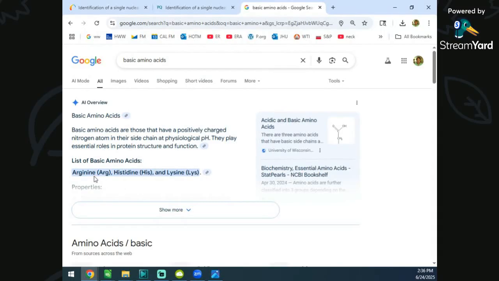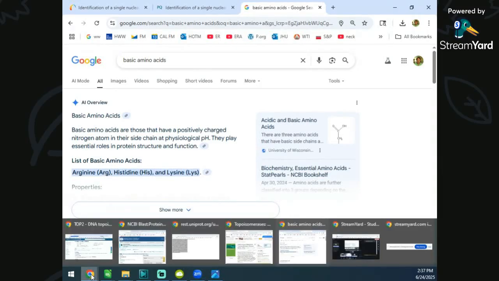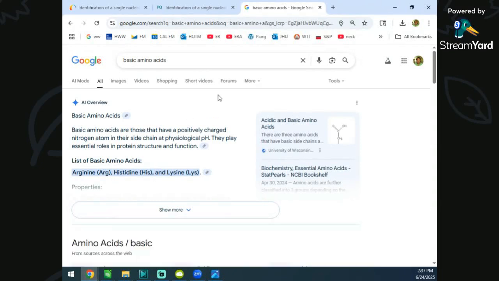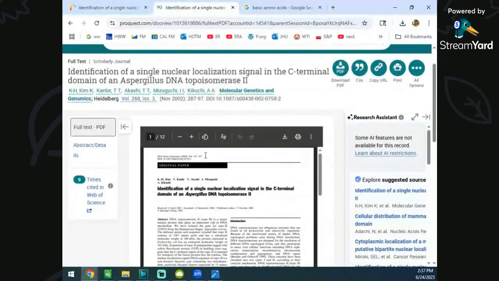Just for your information. So the list of basic amino acids is arginine, histidine, and lysine. You'll start to learn the amino acid alphabet just through constant use.